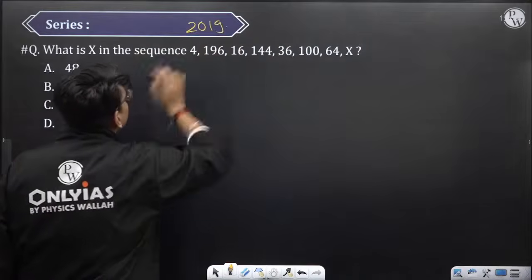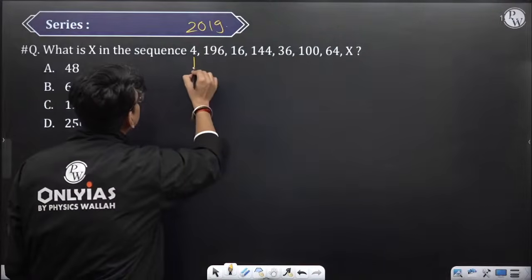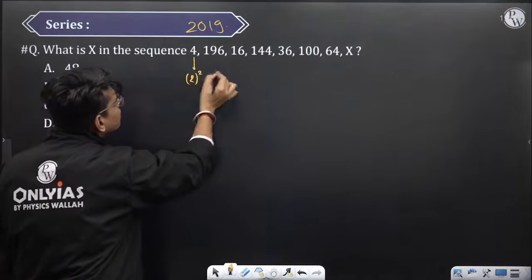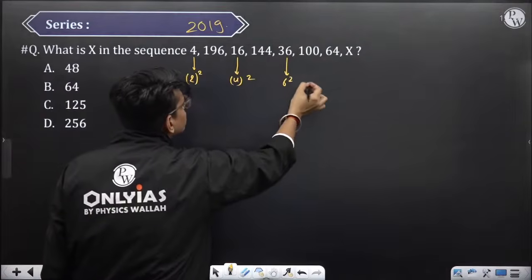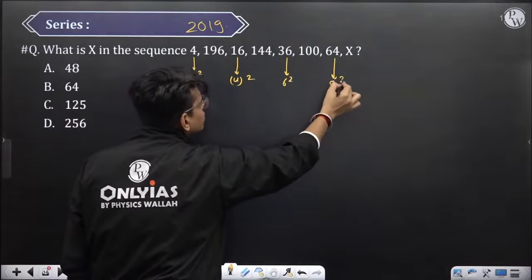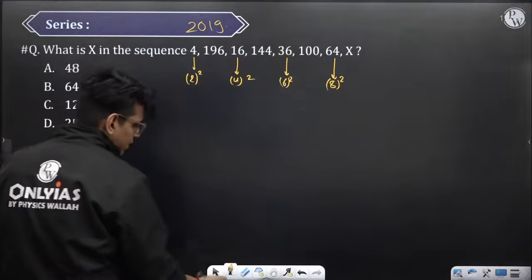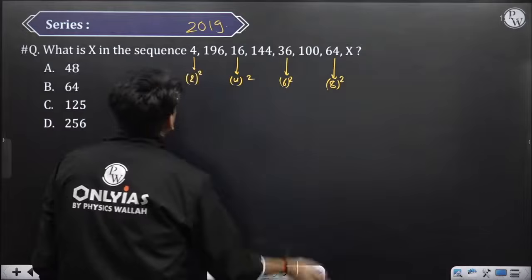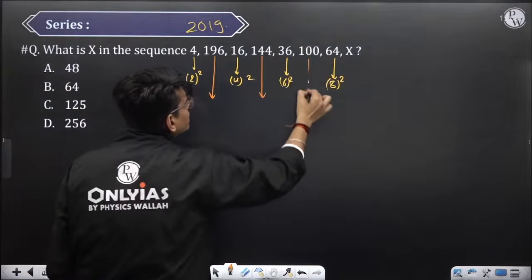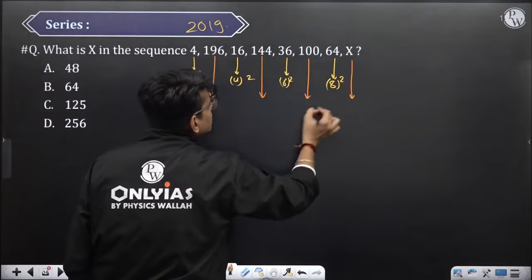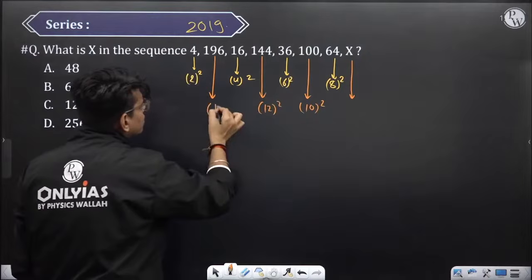If you see all the terms here, this is 2 square, this is 4 square, this is 6 square, and this is 8 square. Alternate terms are increasing by 2 and they are squares. Similarly, 196 is 14 square, 144 is 12 square, 100 is 10 square.